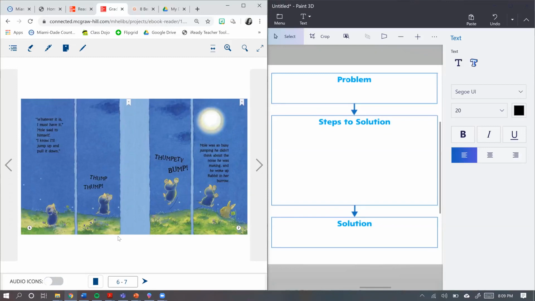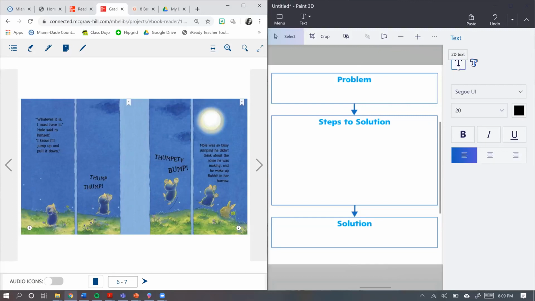And that's the case for many stories. The problem and the steps that the main character, or the main characters if there's more than one, take to solve the problem is what makes it so interesting. So that's why we have to figure out what the problem, the steps to the solution, and the actual solution is in Bringing Down the Moon. So I think we know our problem.